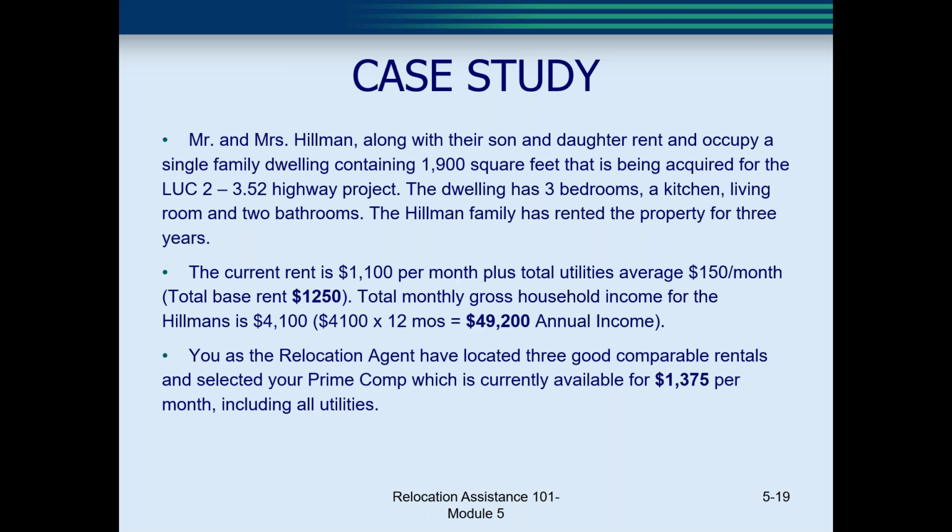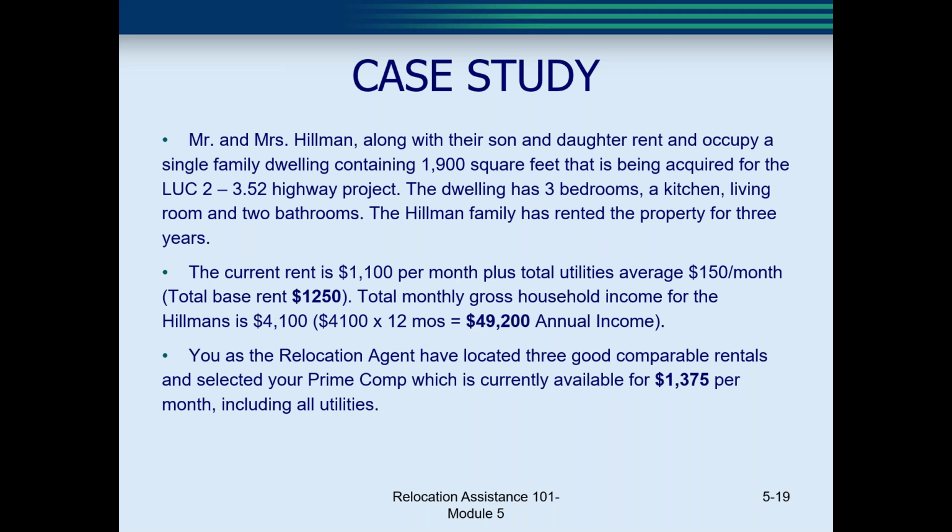So the current rent is $1,100 per month plus total utilities averages about $150 a month, and that's based on a utility worksheet. So the base rent is $1,250. The total gross household income for the Hillmans is $4,200 a month.